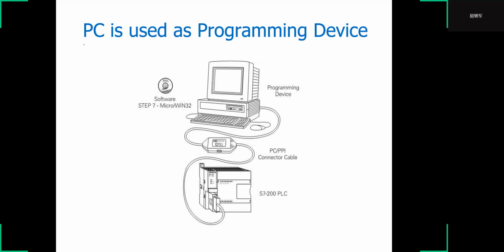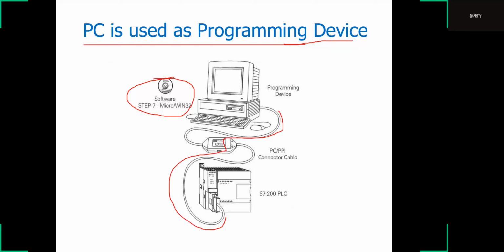Use the PC as a programming device to make the program, then after the program is made, download the program to the PLC.